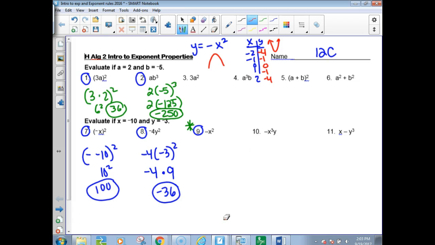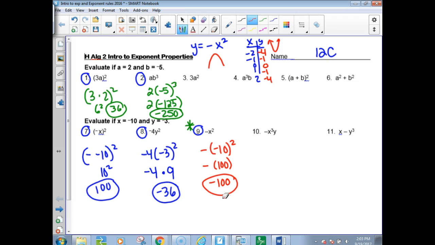Okay? Because when you put a number in here, even if it's negative, you're going to be squaring it and then applying the minus sign. The minus sign is not in the parentheses, like this one, number 7. You see the difference? This is very critical. So if I square -10, I get 100, and then I apply the negative sign to get -100.